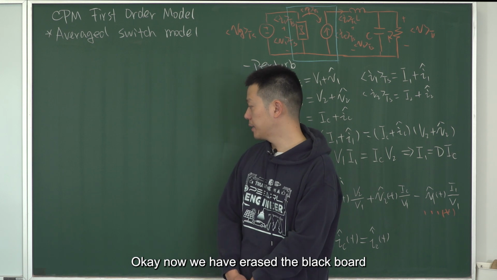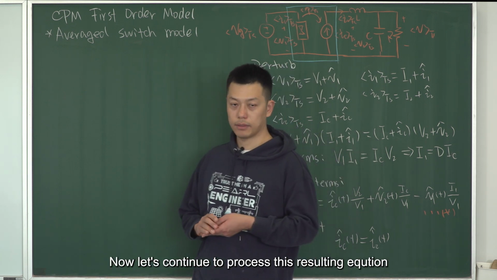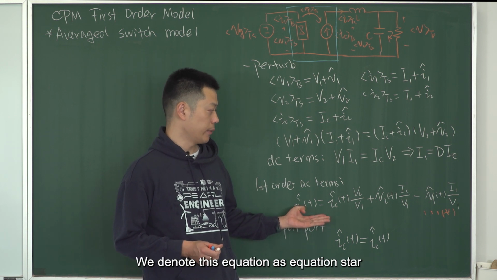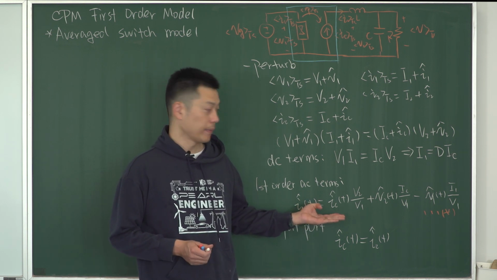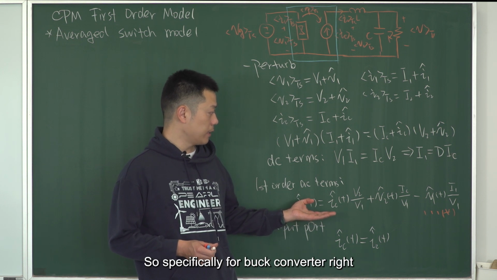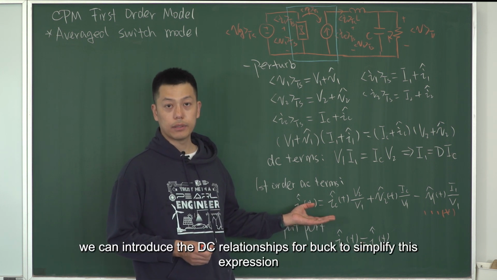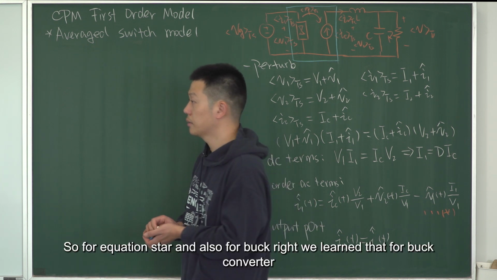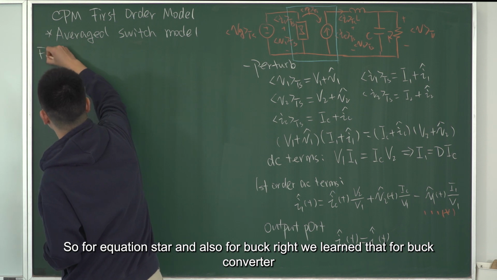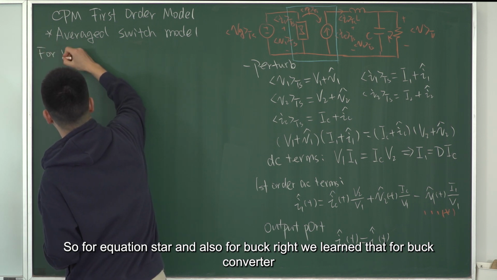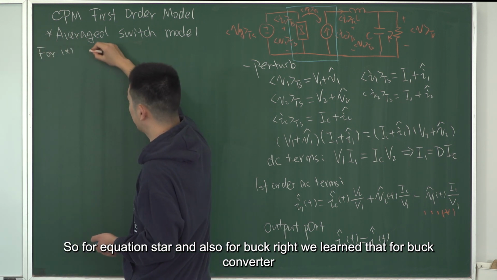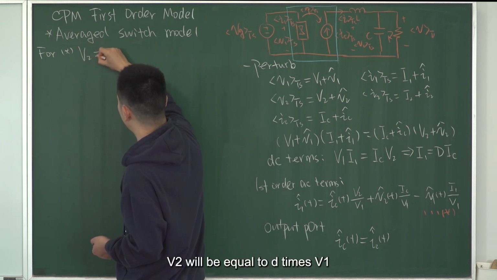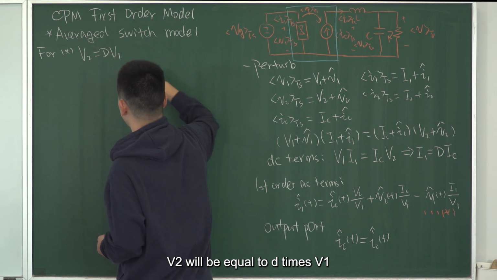Okay, now we have erased the blackboard. Now let's continue to process this resulting equation. We denote this equation as equation star. Specifically for the buck converter, we can introduce the DC relationships to simplify this expression. For the buck converter, V2 equals D times V1.